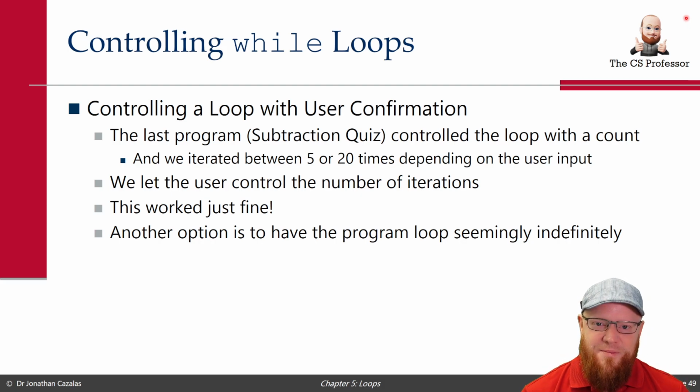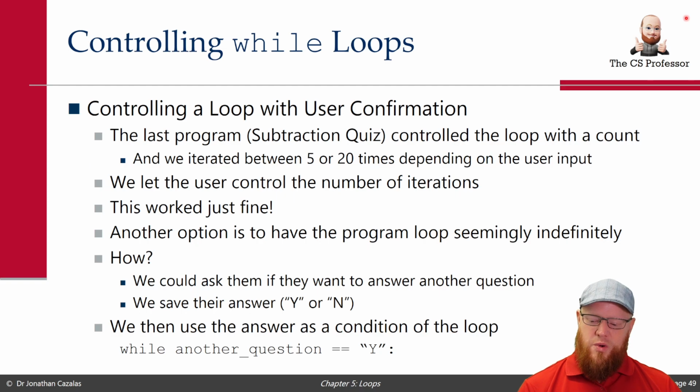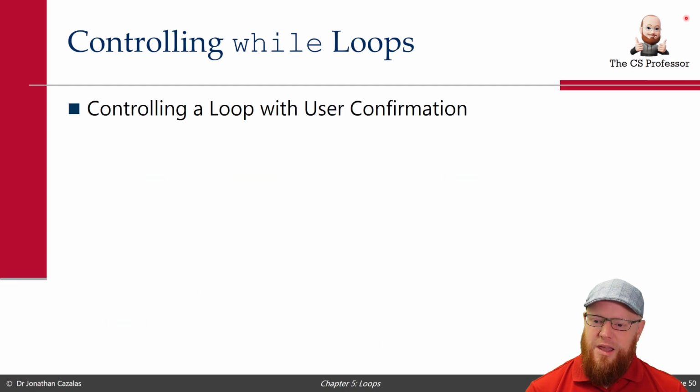Or Y or N, scan their answer, and based on that answer, continue effectively in an open-ended manner, seemingly indefinitely. So this is what we like to start with, asking this type of question, and then in the while loop, we'll continue looping so long as another question equals yes. So let's go see how we could possibly have done that.